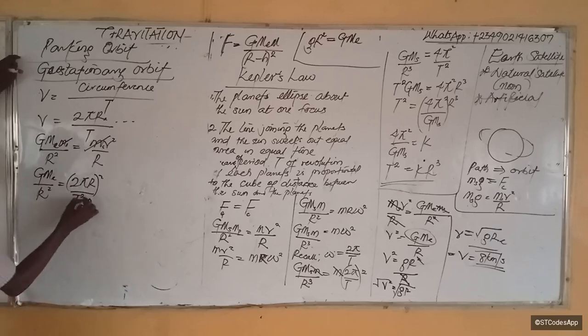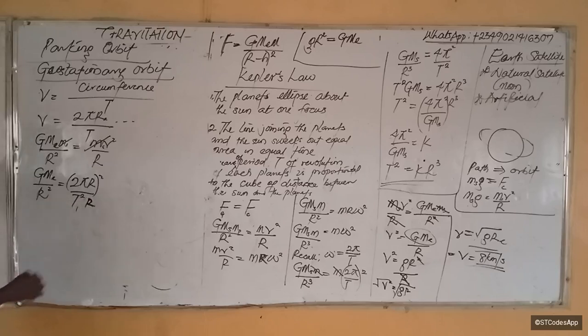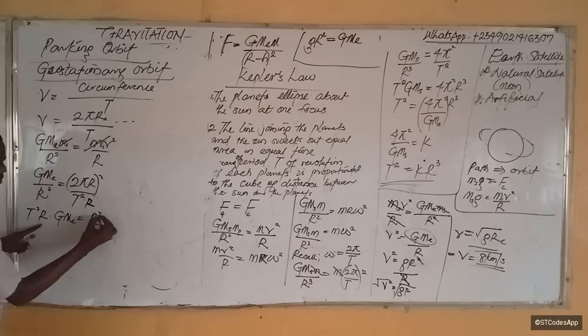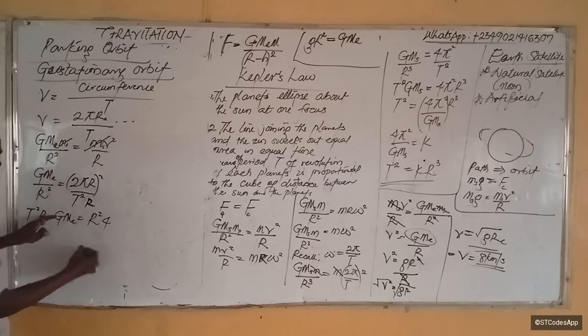Let's cross multiply. It becomes T squared r times G m_E equal to r squared times 2 squared, 4.